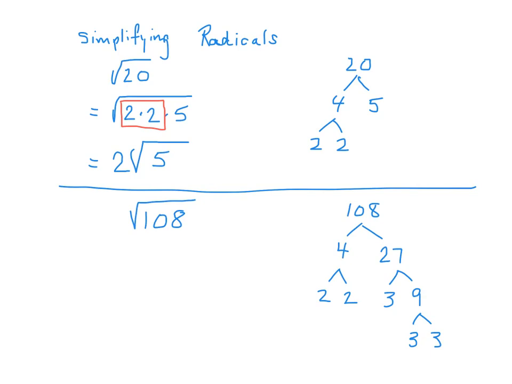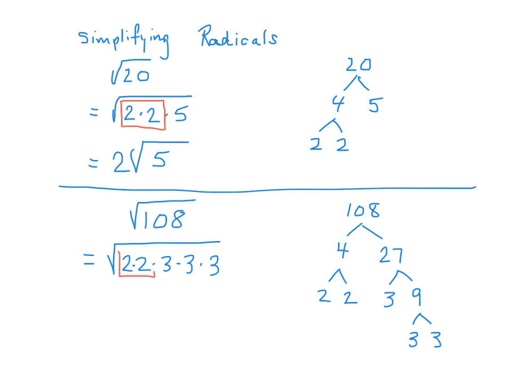If you're a little bit shaky on this idea, then it definitely doesn't hurt to break them down into prime numbers. So that means that the square root of 108 is the square root of 2 times 2 times 3 times 3 times 3. Since we're talking about a square root here, we're looking for pairs, two equal factors.